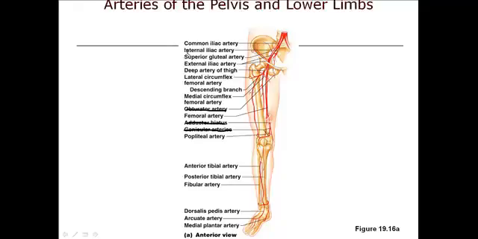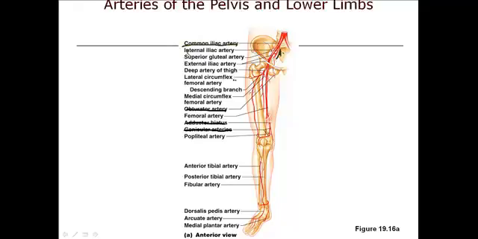Okay, once we get here, now we're going to go into the leg. Here's your common iliac, right here. Then the internal iliac goes into the pelvis, and the external will go out to feed the leg. Once it crosses here, it's called the femoral artery. So this is all the femoral artery. Then you're going to have a lateral branch out here. This will be the deep artery of the thigh.